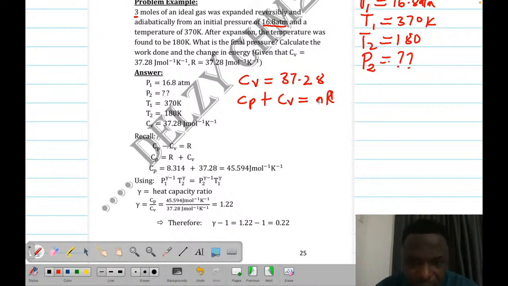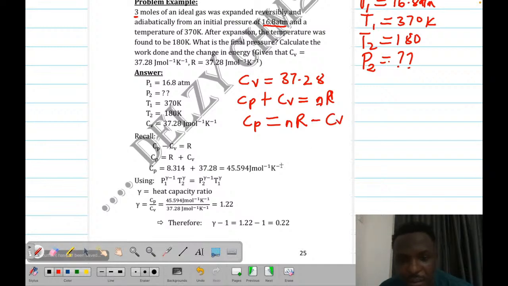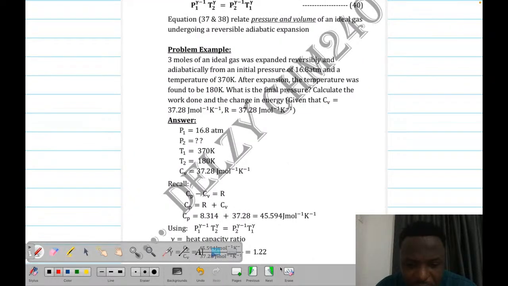This guy, they said n mole. Just listen. The number of moles they gave us in that question was 5. So for me to get my Cp, I'll say Cp equals nR minus Cv. Sorry, this is supposed to be minus.